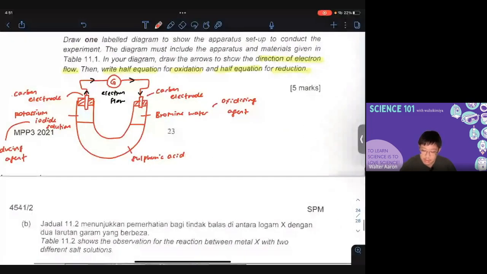The iodide ion will release electrons to form iodine, releasing 2 electrons. And then after that, you should have another one, which is the bromine. So the bromine molecule will accept the 2 electrons to form 2 bromide ions.